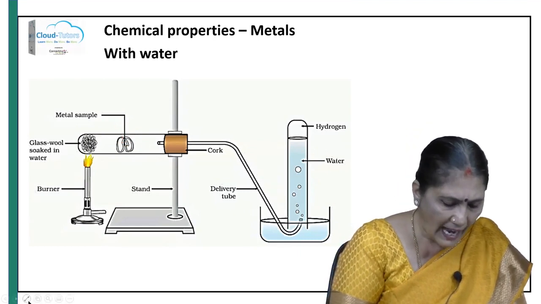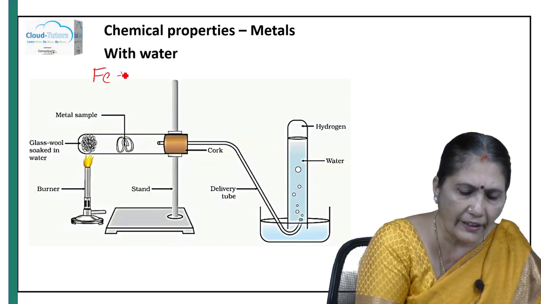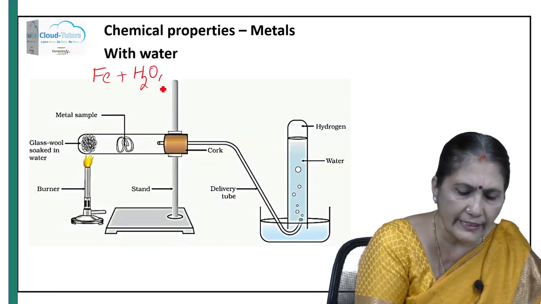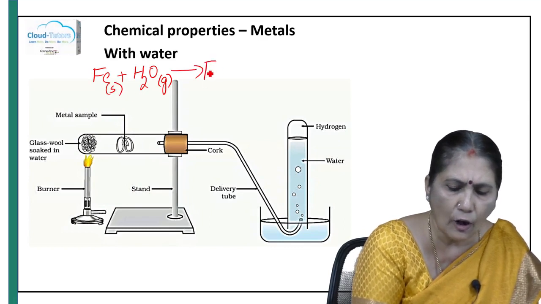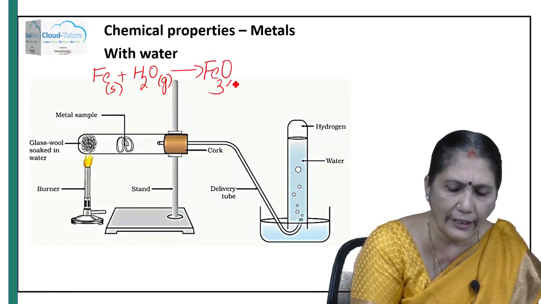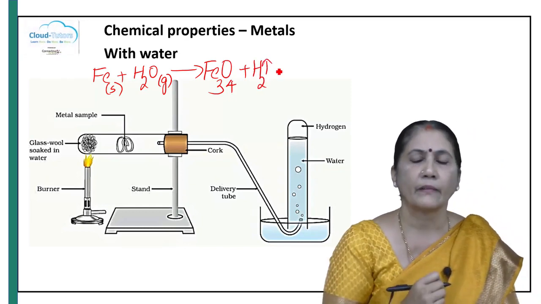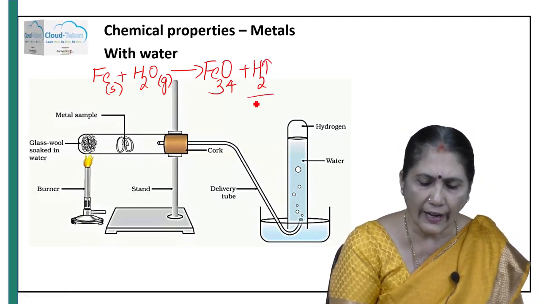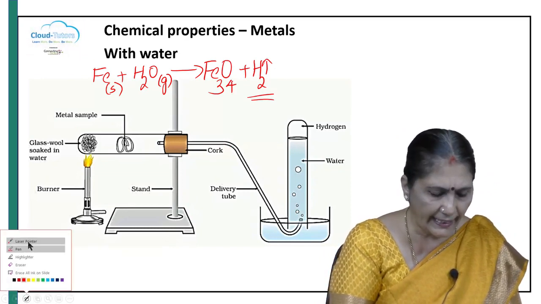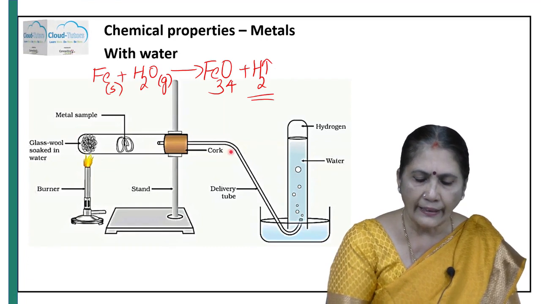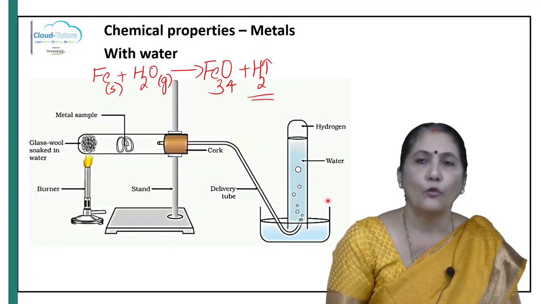When I take iron, Fe, and make it react with water in the gaseous state, the compound formed is Fe3O4 plus hydrogen gas. This hydrogen gas can be very easily collected by a delivery tube kept over a trough containing water.